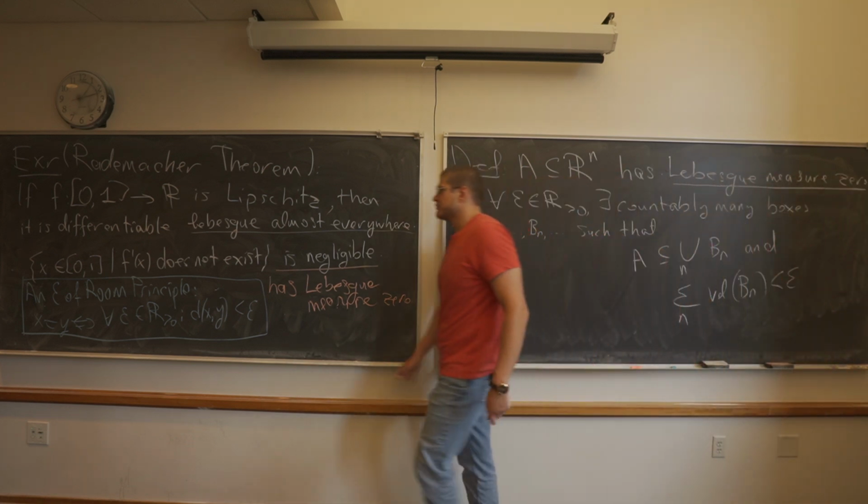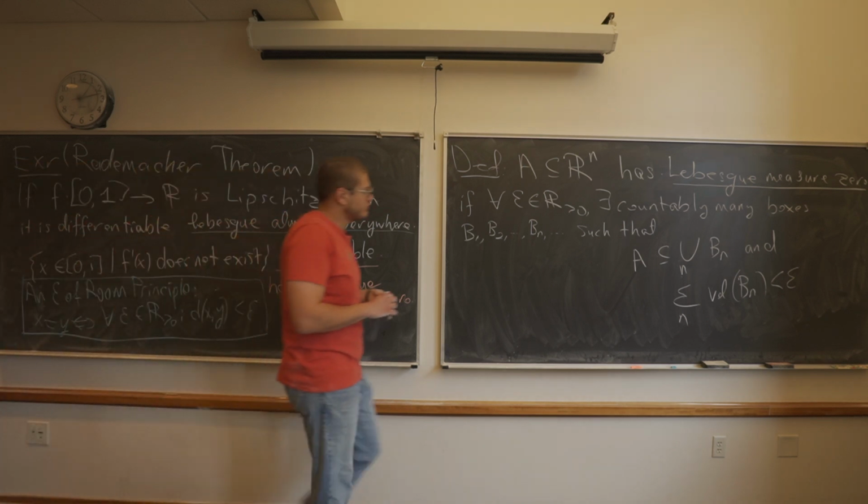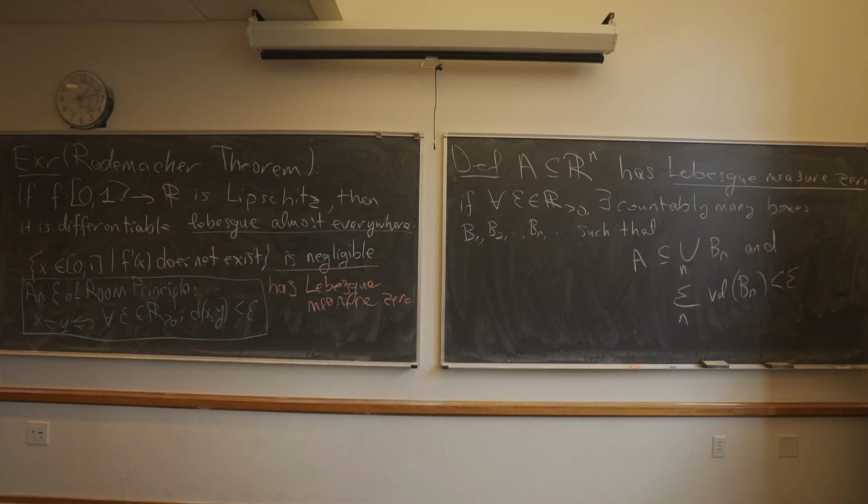Now, this is an advanced exercise. If you want to learn it, you can read the proof from a textbook, and as part of one of your reports, it could be a detailed exposition of this theorem.